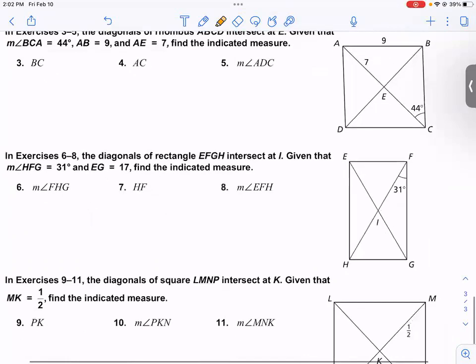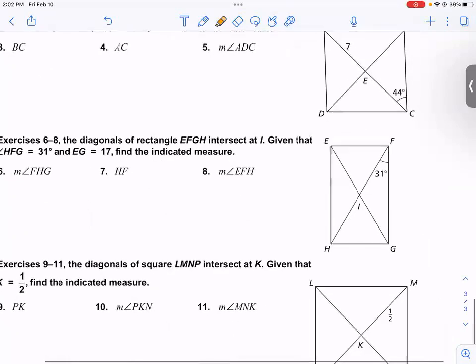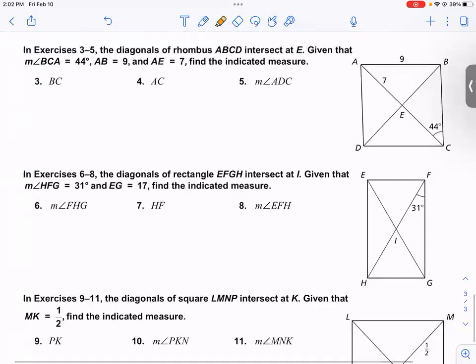Okay, go ahead and turn the page. I want to look at 3 through 5. The next page, that one. Okay. We have a rhombus. Let's think about what a rhombus means.